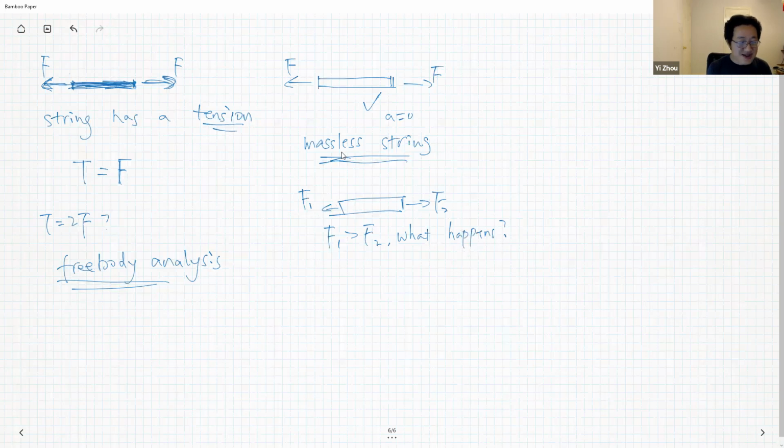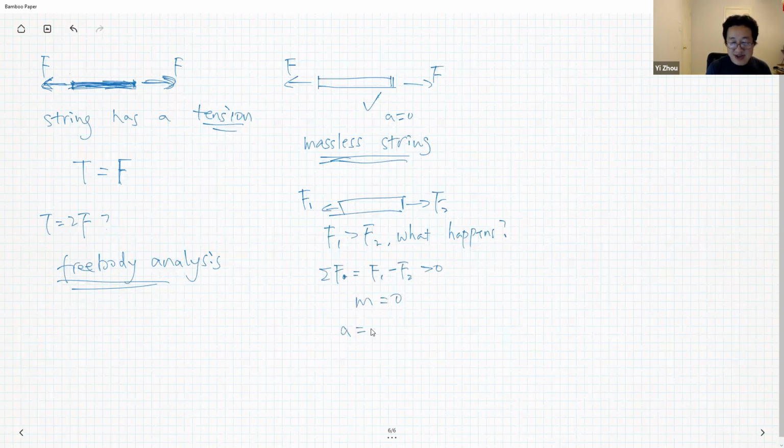But if it's massless, what conclusion can we get? It can't really accelerate. Because the summation of total force will be F1 minus F2, which is greater than 0, but mass is 0.